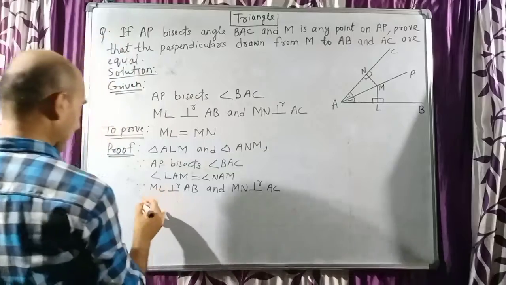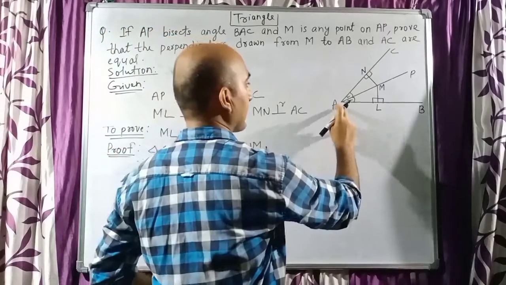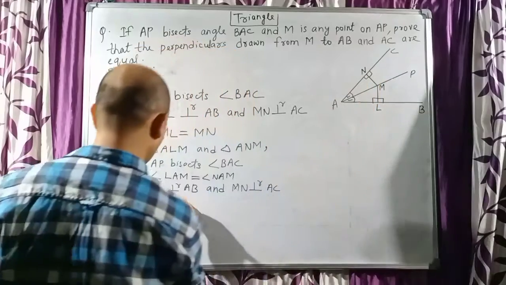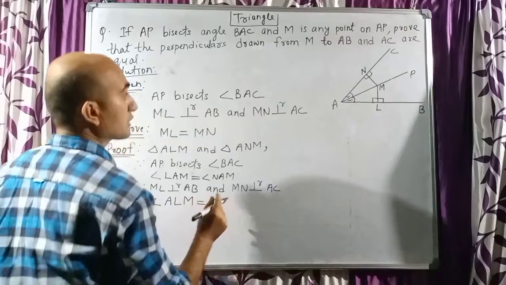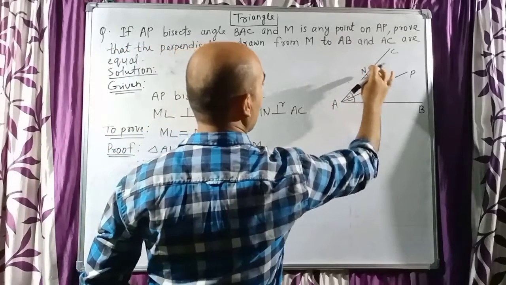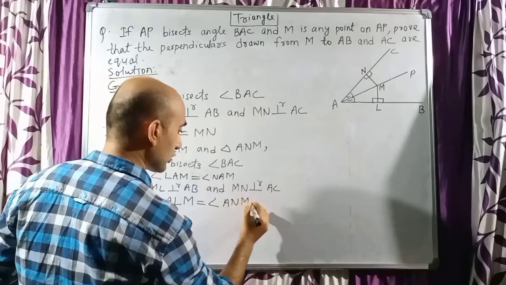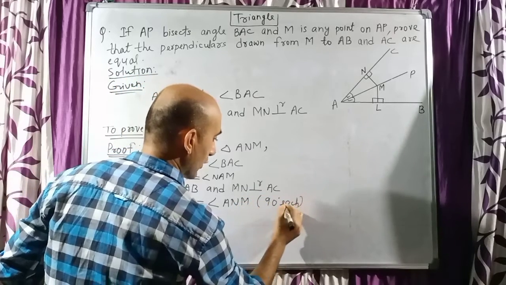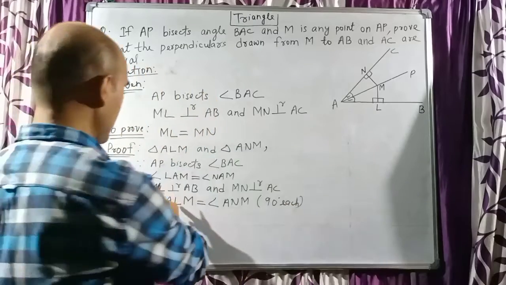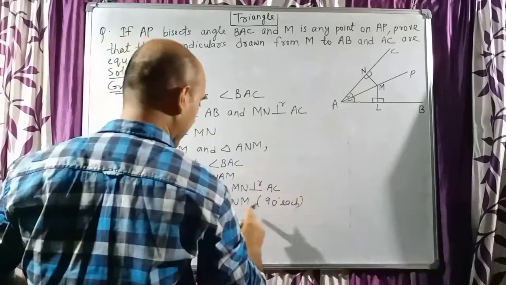So I can write, therefore, angle ALM will be equal to angle ANM. Both will be equal and they are 90 degree each. Now two things we have proved, this angle and this angle.